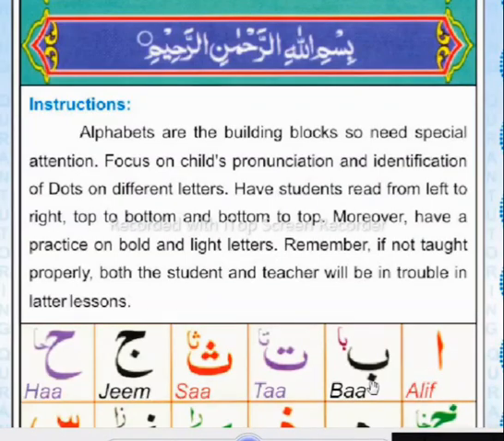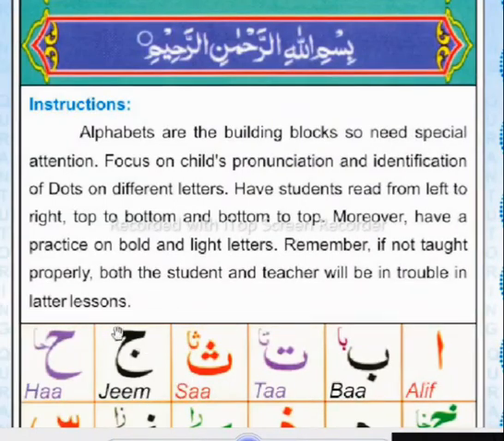The second one is Ba, which has one dot at the bottom. The third one is Ta, having two dots on the top. And the fourth one of this line is called Tha, which has three dots on the top. Nice, mashallah.